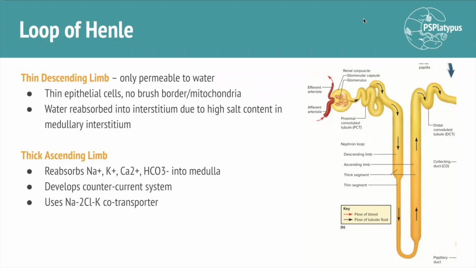And it is due to this reabsorption of these ions, which creates the countercurrent system by producing an osmotic gradient that results in more water to be reabsorbed in our descending limb.